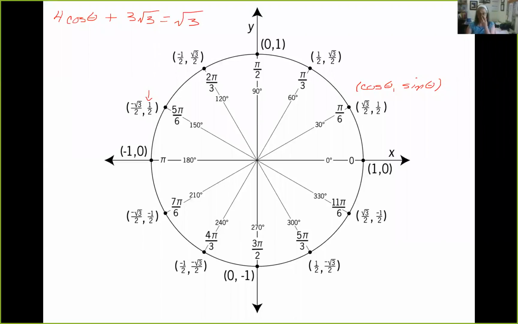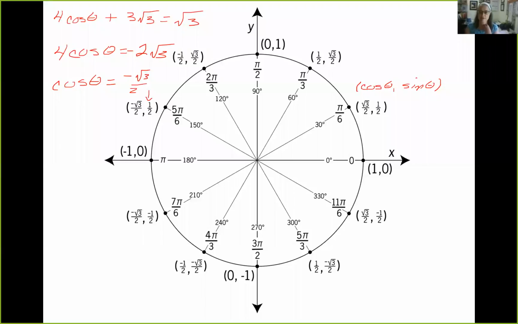What am I going to do? Well, the first thing I want to do is isolate my trigonometric function. So let's subtract 3 square root 3 from both sides. So we get 4 cosine theta equals negative 2 square root 3. Divide through by 4. And we're looking for the angles whose cosine is negative root 3 over 2.